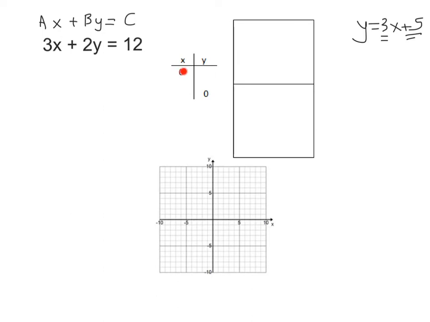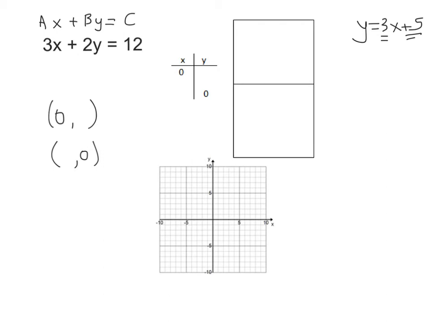If we put 0 in for x, what did we say on the previous screen we're able to find? A 0 in for x helps us find our y-intercept. And what if we put in a 0 for y? We're going to be able to find our x-intercept.